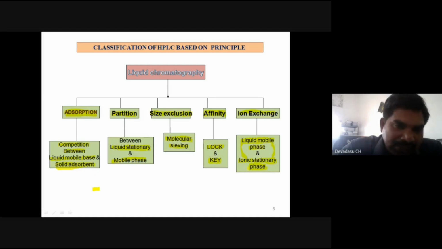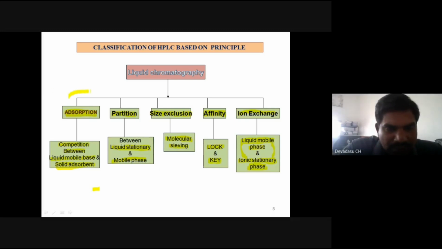And the type of HPLC to be selected is purely based on the type of the molecule being analyzed. For example, when I have to separate neutral solutes, I can choose either adsorption, partition, size exclusion, or affinity. Okay.